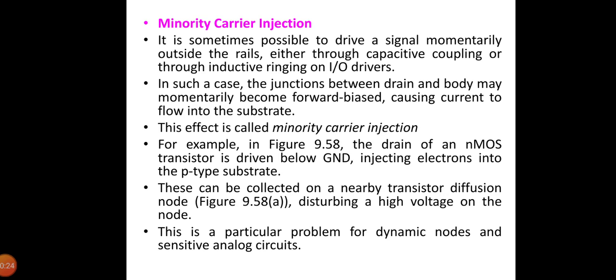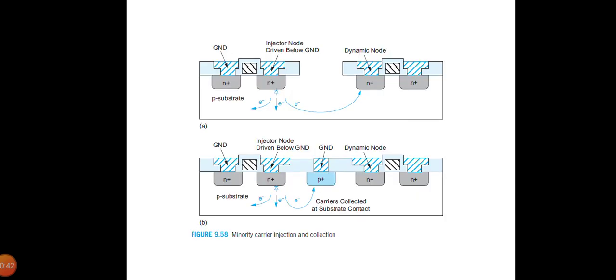The drain of an NMOS transistor is driven below ground, injecting electrons into the p-type substrate. These can be collected on a nearby transistor diffusion node, disturbing a high voltage on the node. This is a particular problem for dynamic nodes and sensitive analog circuits. So this is how the minority carriers are injected into the nearby nodes, and that's why it creates a problem.